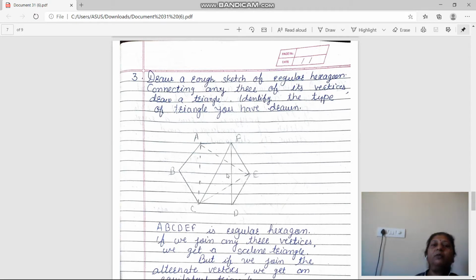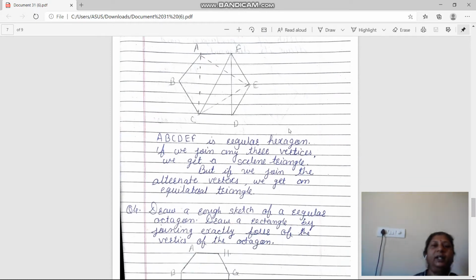Now you are asked to connect any three vertices of a hexagon. So see here, I have drawn two times. First of all, we see this darkened one, that is C, F and D. When I join C, F and D, it is a type of triangle. Can anyone tell me which type of triangle it is?